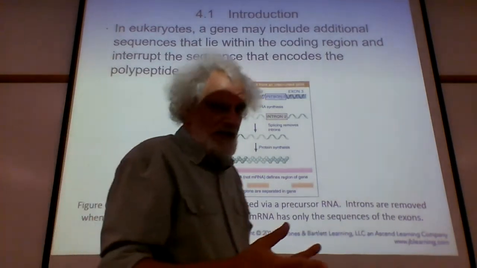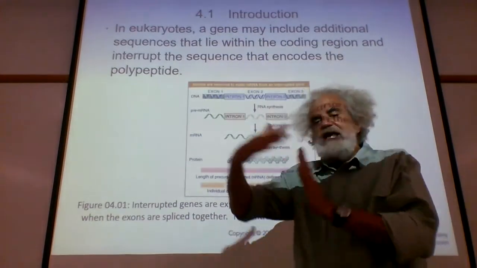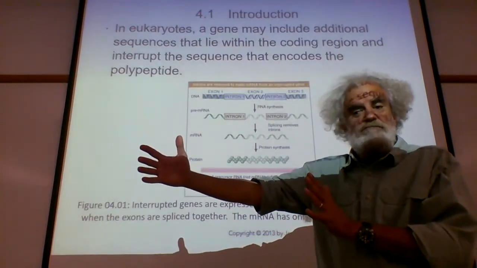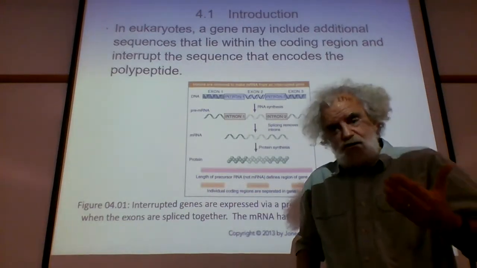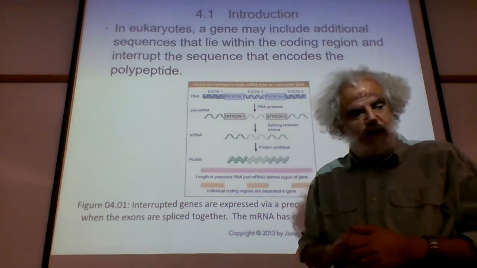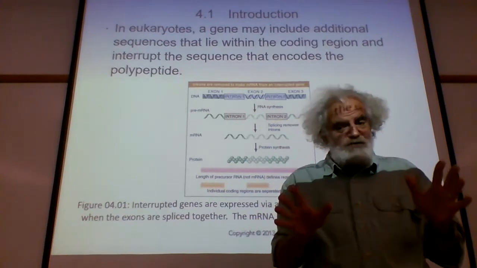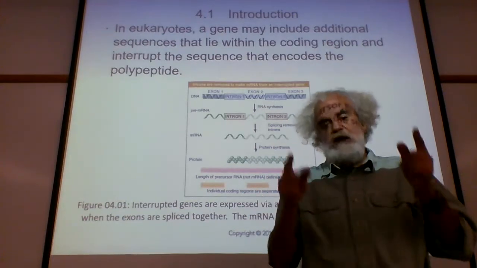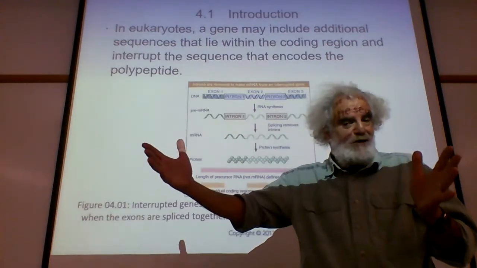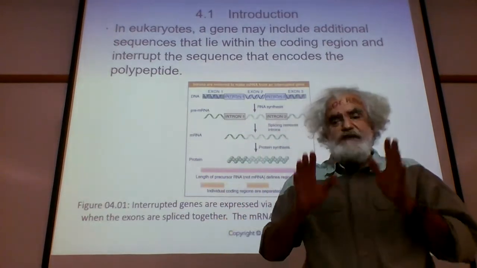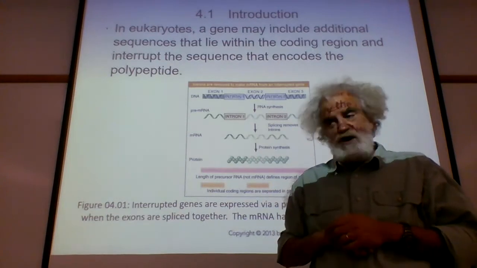In prokaryotes, the structural gene is the messenger RNA, or the DNA form of the messenger RNA. But in eukaryotes, it isn't necessarily that way. Some genes don't have introns, in which case the structural gene is the same as the RNA. But most genes are going to have at least one or more introns.